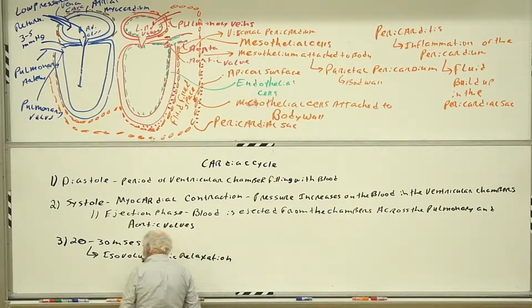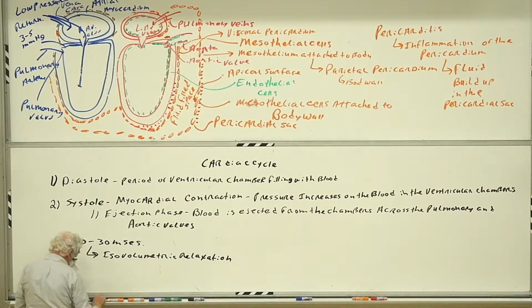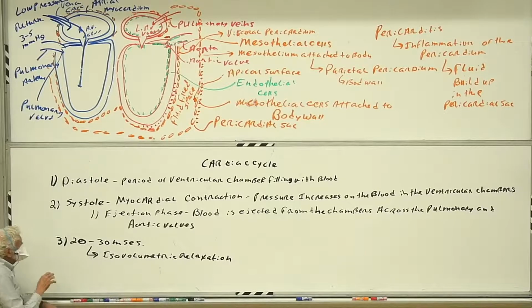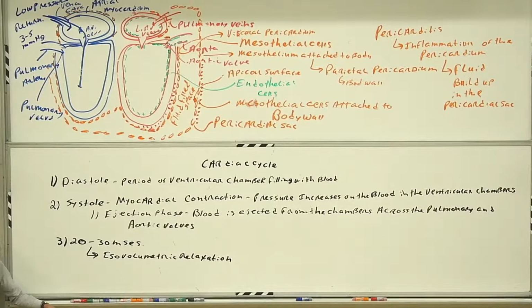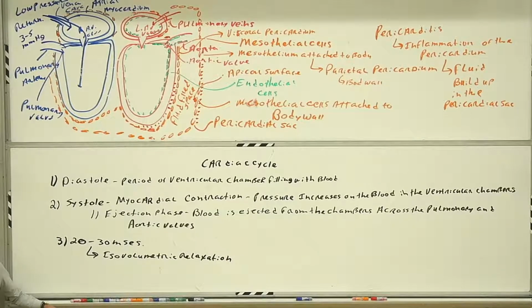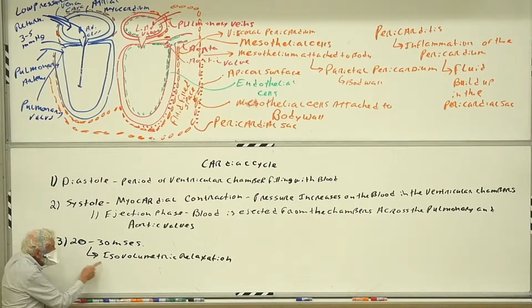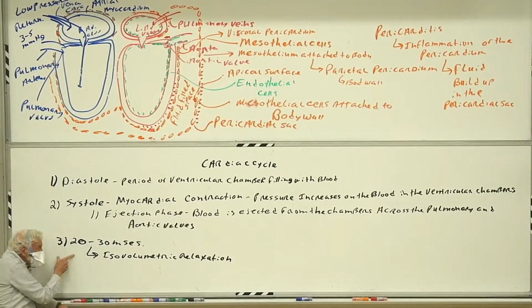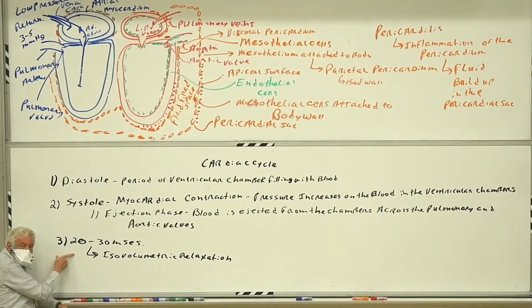Now, this gets to be kind of nebulous, and the question always comes up, well, where does systole end and where does diastole begin? Well, if diastole is defined as the filling phase, when blood is returning and coming into those chambers, well, that's not happening here. This is isovolumetric. So this really isn't part of diastole.